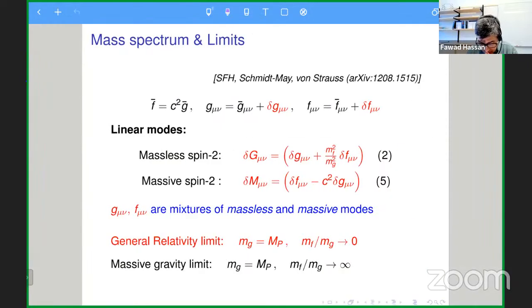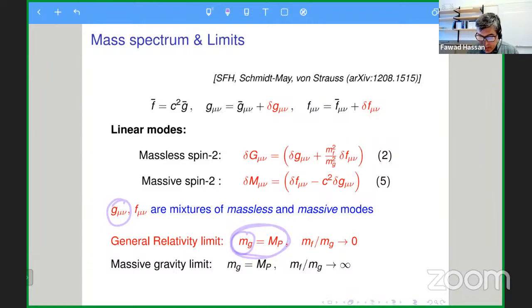Now, what are the limits of the theory? Suppose you take G mu nu to be your gravitational matrix. Then the Planck mass of G mu nu becomes the physical Planck mass.